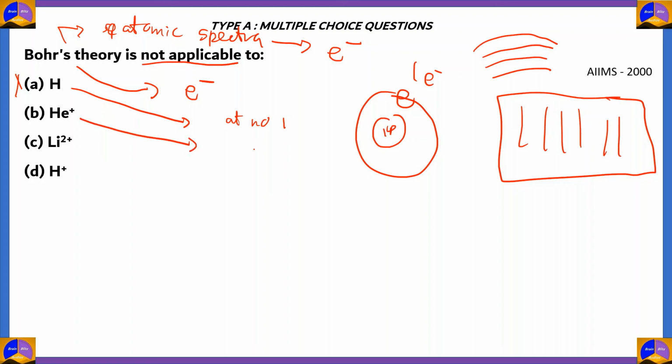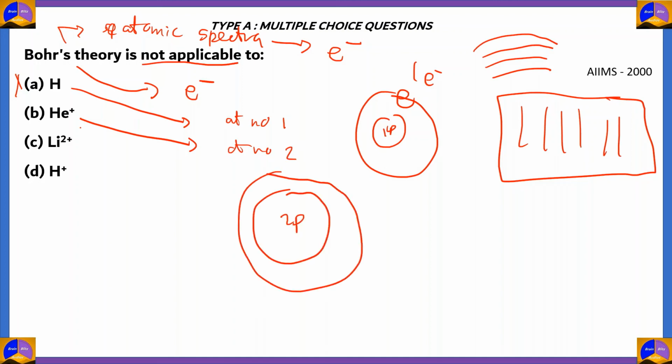This is an ion, and the atomic number of helium is 2. So they have 2 protons, and since the charge on helium is plus, it means that there has been a loss of electrons. So there'll be only 1 electron orbiting the helium nucleus. So option B is also incorrect because it has an electron.